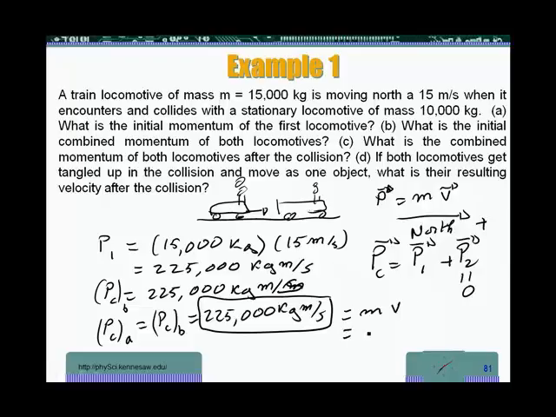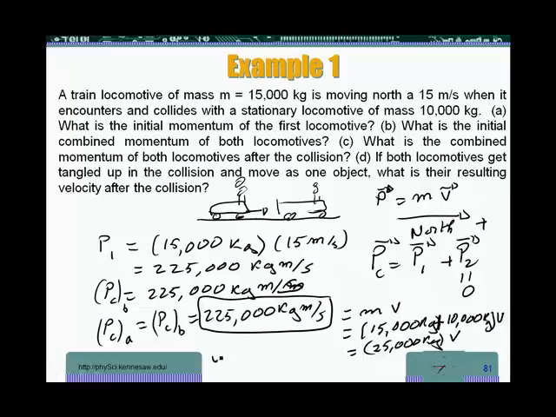Meaning, I can write this as 15,000 kilograms plus 10,000 kilograms times V. And my only unknown then is just V. So this is going to be 25,000 kilograms times v.